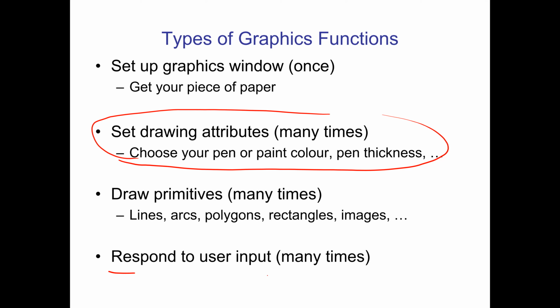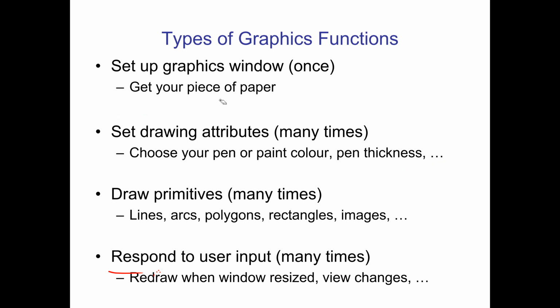And then the last set of graphics API calls are to respond to user input, and those will also get called many times. Okay, so redraw when the window's resized, when the view changes, etc. Graphics, or user interface, is fundamentally event-driven. You do things in response to the user input, the events that the user is creating.